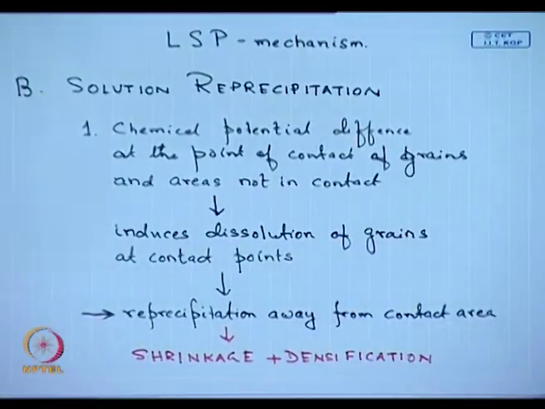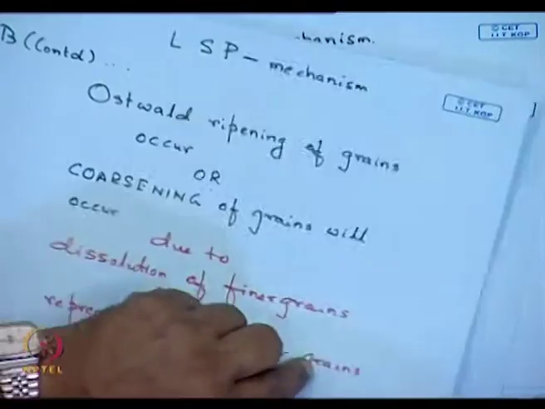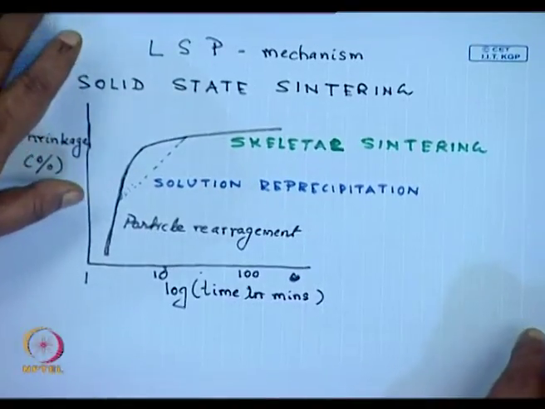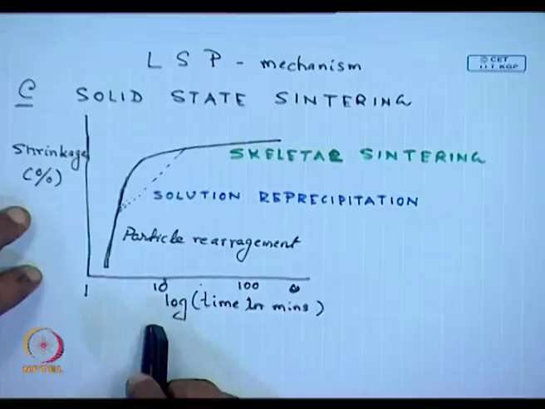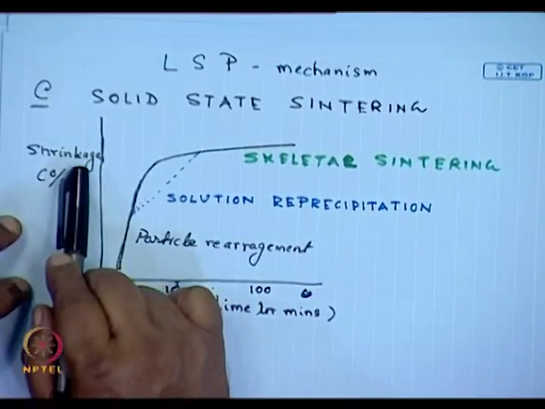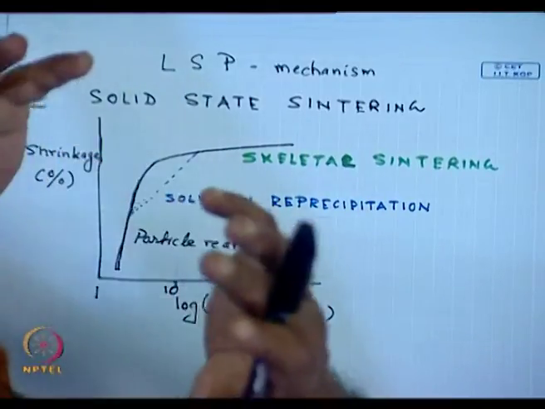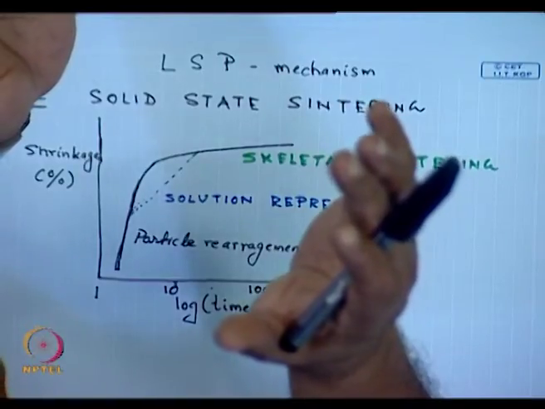Now, here is a graph that I have drawn which talks of liquid phase sintering mechanism. This is a log scale and this is the shrinkage. As I had said earlier, during the particle rearrangement phase itself, densification occurs.